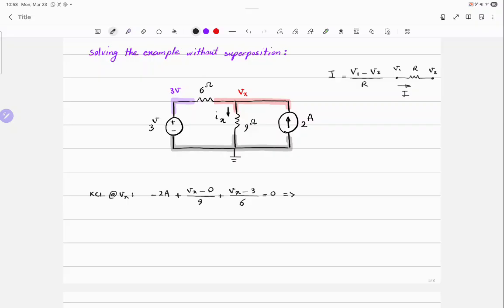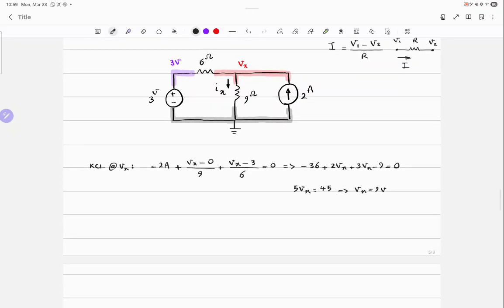Let's multiply both sides by 18 to get rid of everything. It becomes negative 36 plus 2Vx plus 3Vx minus 9 is equal to 0. 5Vx is equal to 36 and 9 becomes 45, then Vx becomes 9 volts.